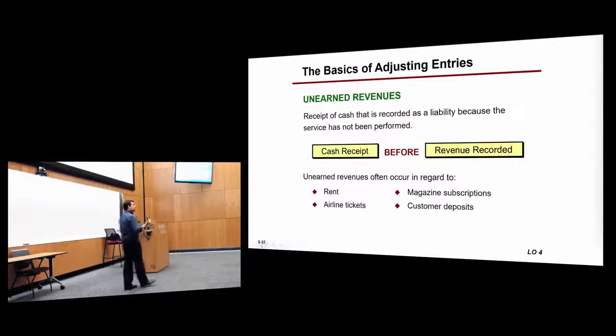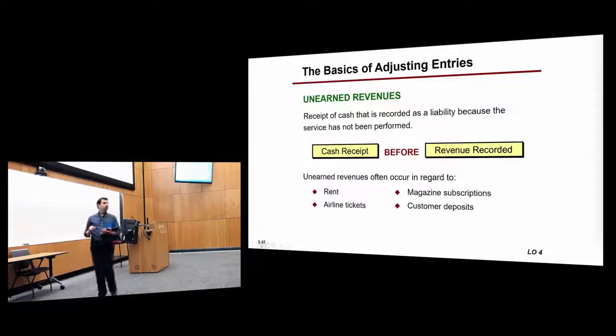Rent. One company paid rent in advance, that was prepaid rent. As far as the landlord is concerned, the landlord received cash before providing the service, which is the use of the location for rent. That would be, in this case, unearned revenue.